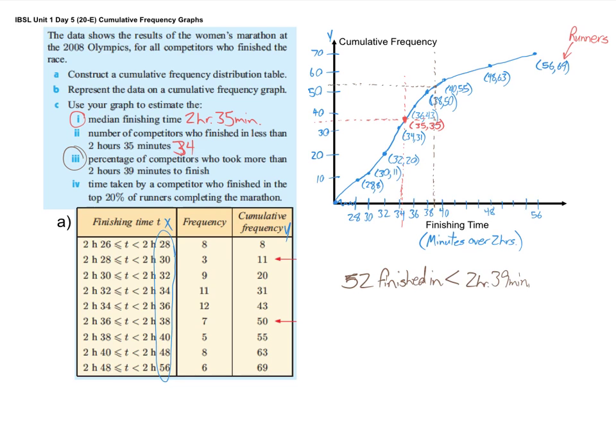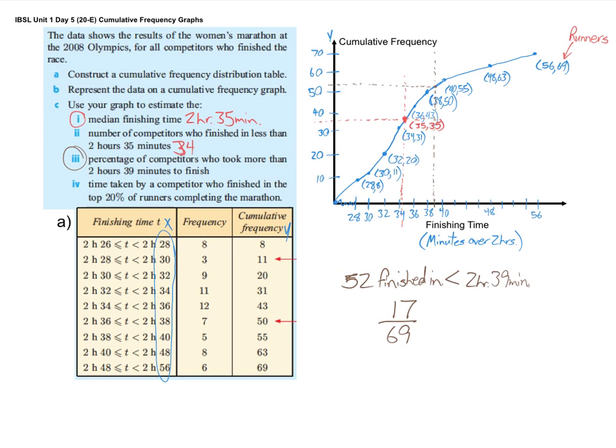So how many took more than that much time? 17. Yeah, so 17 out of the 69. Okay? 17 out of the 69 took more than that amount of time. And you guys can figure out what that is as a percentage.